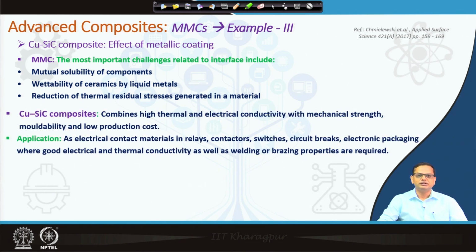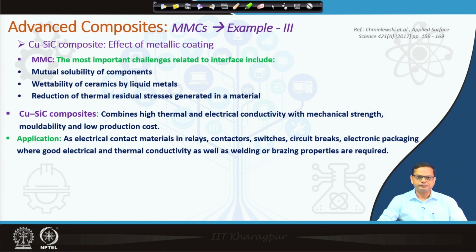In the copper SiC composite, the advantage is that it combines high thermal and electrical conductivity with mechanical strength, moldability and low production cost. Copper gives very high thermal and electrical conductivity, and if you want to improve the mechanical strength in terms of high temperature wear resistance, you can reinforce the copper matrix with SiC particles.